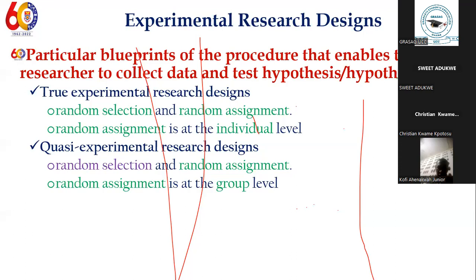So there are 10 schools, but because it's an experimental research, we cannot use all the 10 schools. We have to select from the 10 schools, test the curriculum on some schools and see how it affects student performance. Then we can make a conclusion, either to generalize it over the whole population or not. In this case, the schools that will take part in your experiment are supposed to be randomly selected. So in this case, there is random selection.